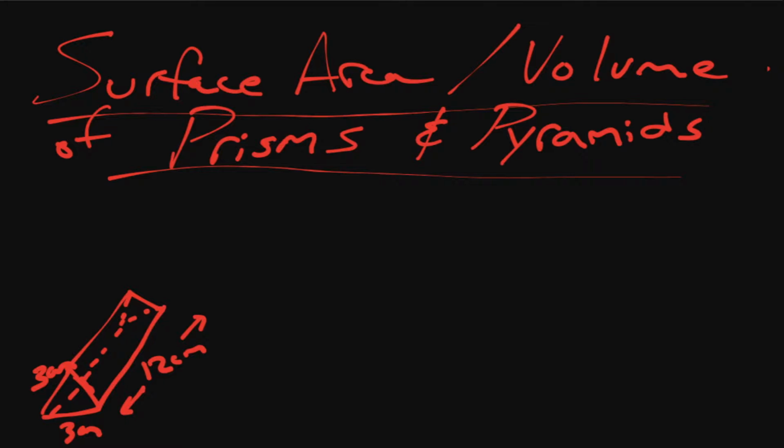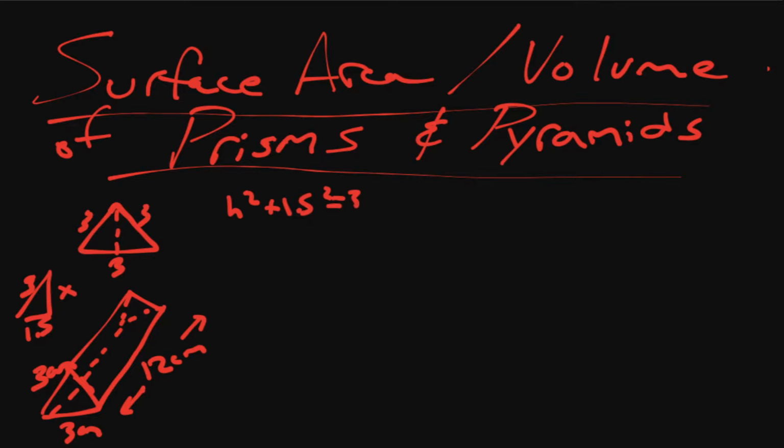We use the same trick to find the height of this triangle. We know that this is 3, this is 3, and this is 3. So the triangle we use for our Pythagorean is going to be 1.5 and 3, and then solve for x. We just plug that in, and we get h squared plus 1.5 squared equals 3 squared.